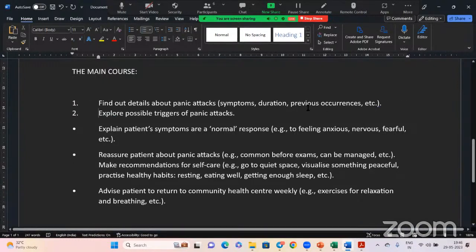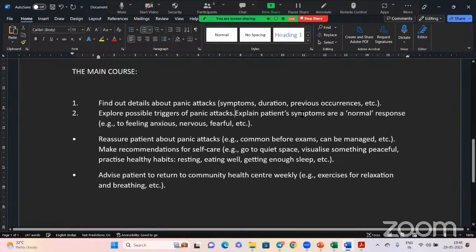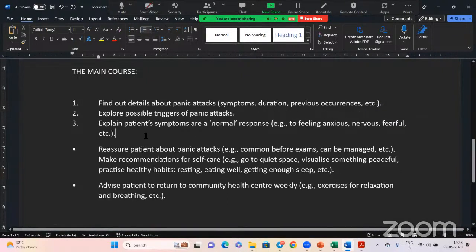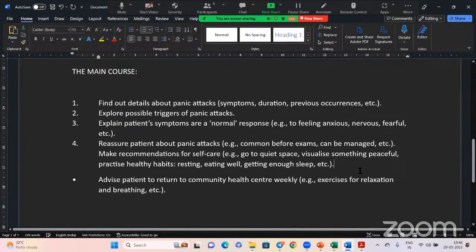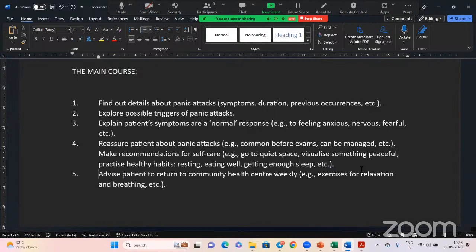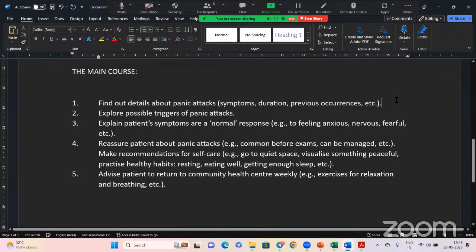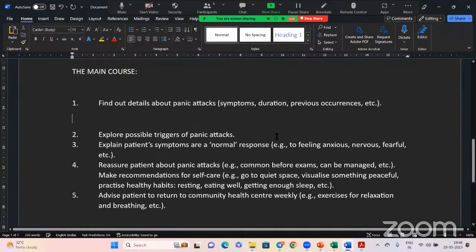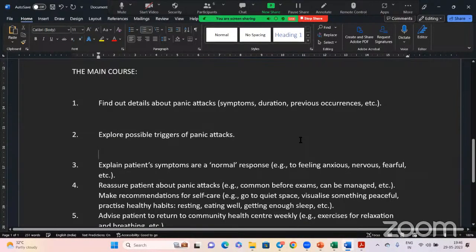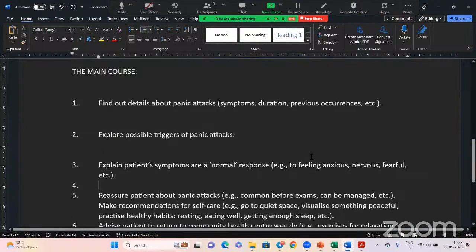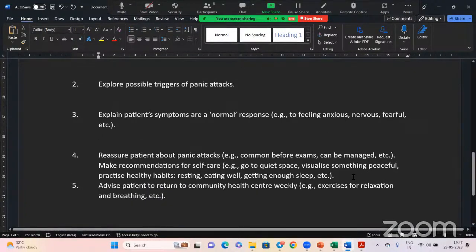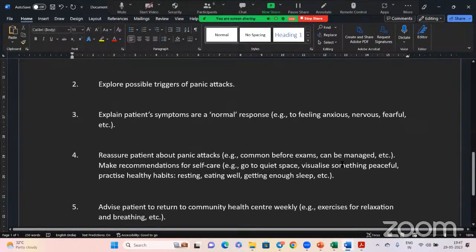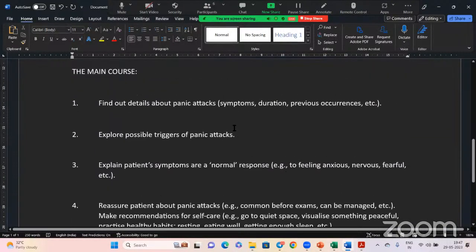Bullet point number 2, number 3, 4, 5. So 5 bullet points are there here.